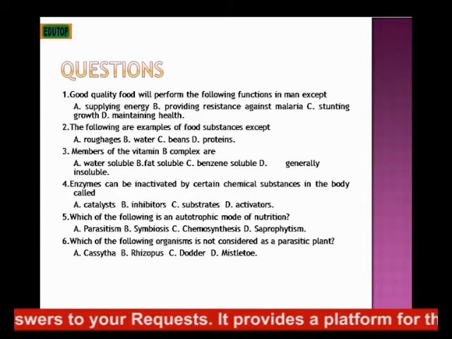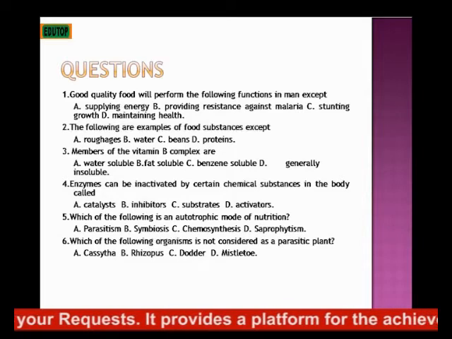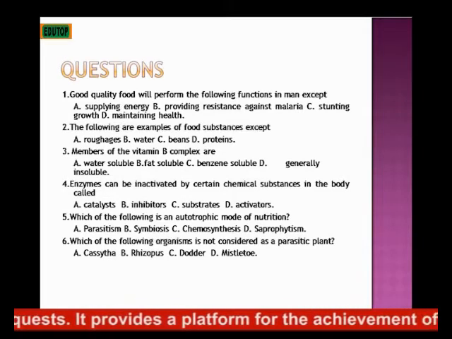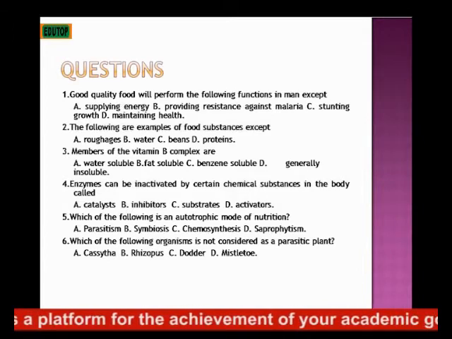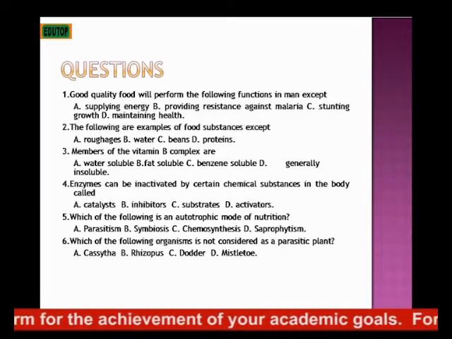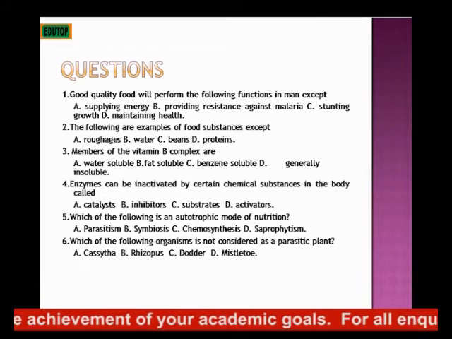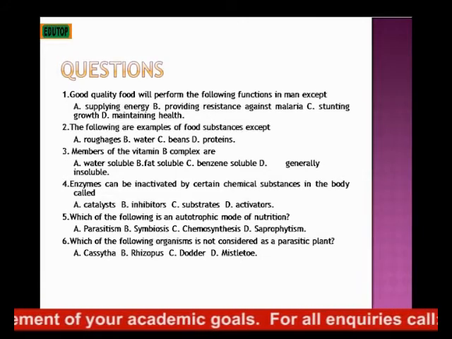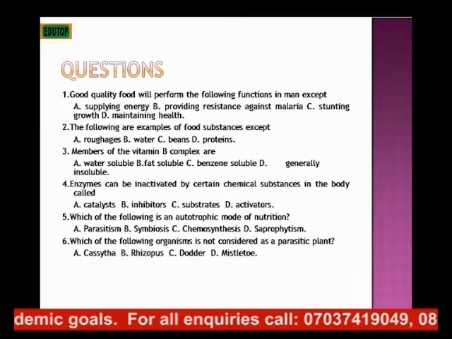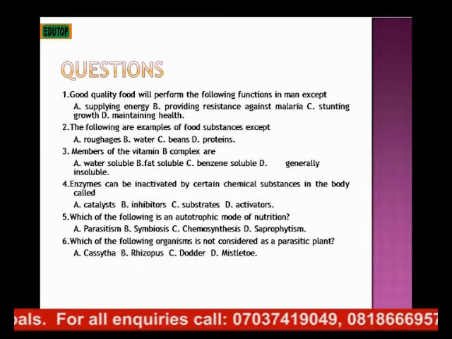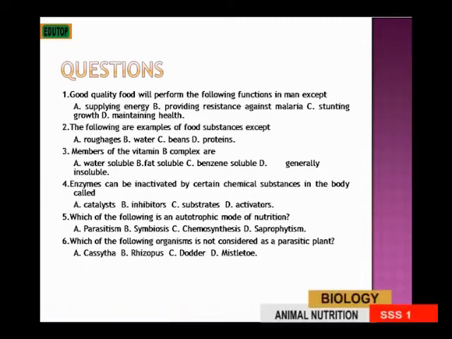Number 2. The following are examples of food substances, except A. Roughages, B. Water, C. Beans, D. Protein. Number 3. Members of vitamin B complex are A. Water soluble, B. Fat soluble, C. Benzene soluble, D. Generally insoluble.